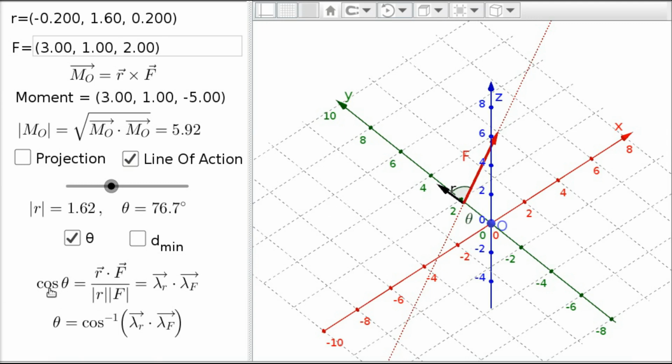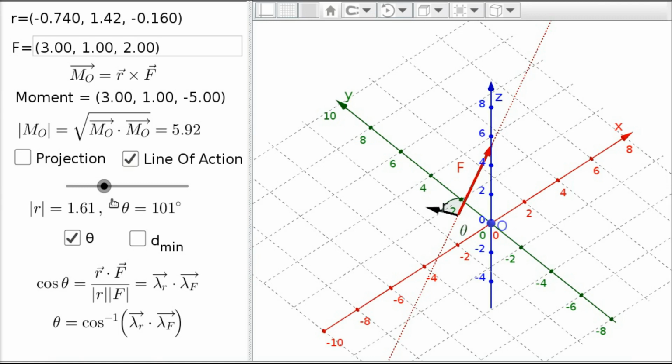So we can have cosine theta equal to r dot F divided by the magnitude of the two vectors, which is really just each unit vector dotted together. And we can find this angle in this manner. Here, this angle is 76 degrees, and we see it gets smaller up there to 20 degrees. If I move it down here, it's more.